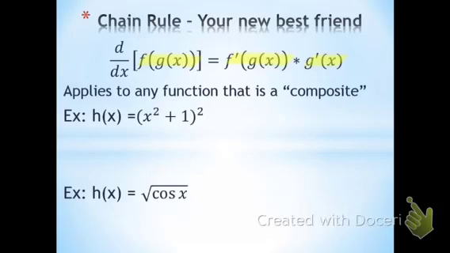So for instance, I've given you (x squared plus 1) squared. The outside function there, the f of x, could be written as something squared.